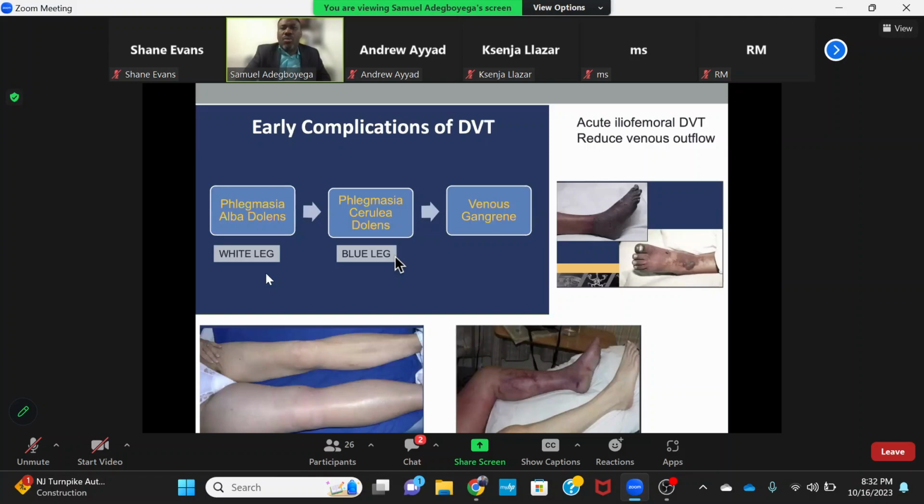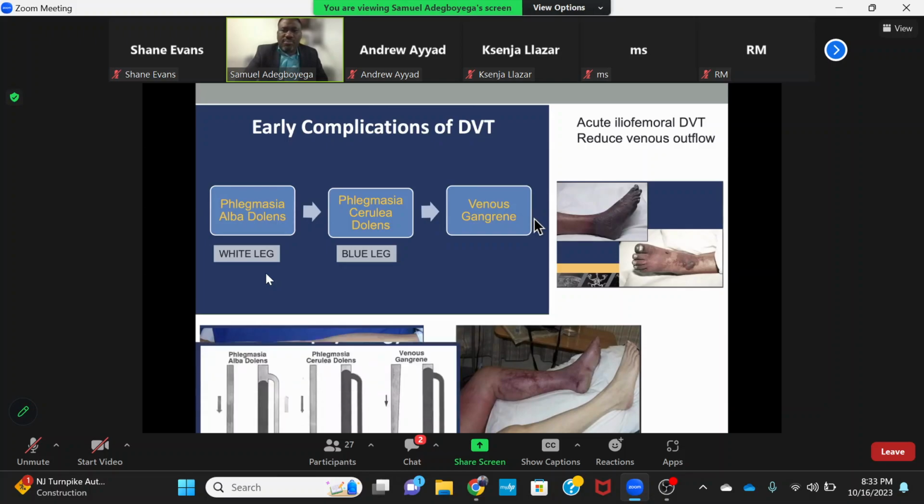So when you have acute iliofemoral DVT, you could develop alba dolens, white leg. If you don't take care of it right away, that could lead to cerulea dolens, blue leg. If you don't take care of it right away, that will lead to venous gangrene.